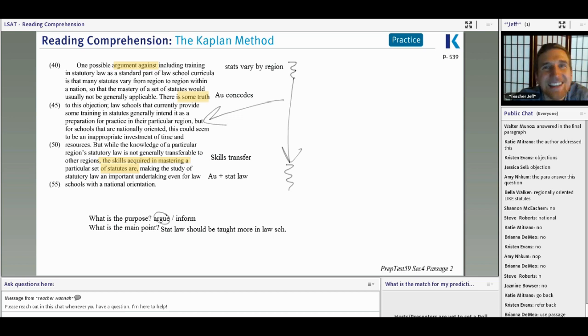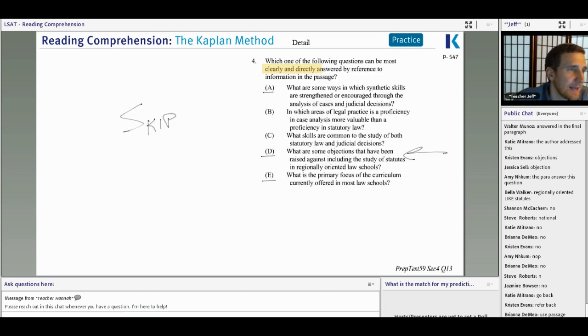That's what you need to do. And I know a lot of you didn't end up doing that, but I hope you see the power of doing so. Also notice that it said objections, and really there's just a primary objection about varying region to region, and again, not for regionally oriented schools. So there's a couple different things that could let you get rid of this choice. Primarily, though, it is this regionally oriented and that objection on this.